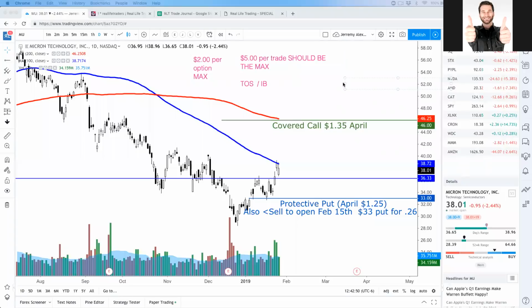Now that's going to be US brokers. If you're in a different country, let's say you're in Australia and you're trading CFDs or something, I don't know the exact broker commissions for that. But again, you should never pay more than $2 per option. $1.75, $1.25, $1, somewhere in that range is good. But that's pretty much it, my man. Good question. A lot of good questions out there, for sure.